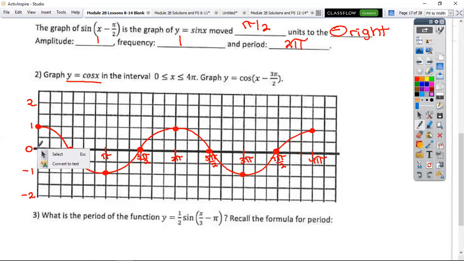So 0, -1, 0, 1, 0. I'm getting connected. And all I'm going to do is copy that image on the next side. So it was here, now it goes down and then back up. Translate all your points, and you're good.